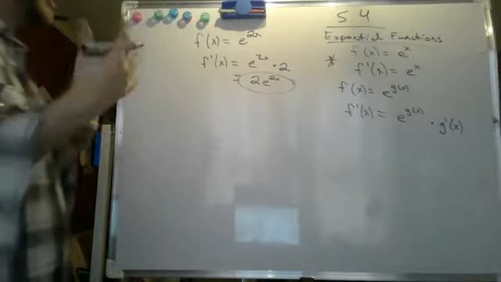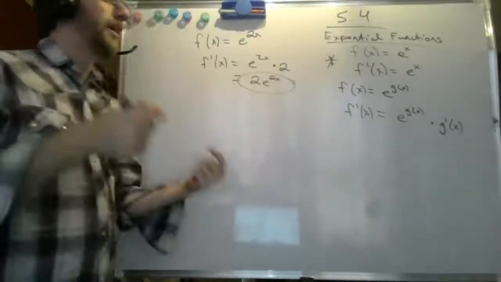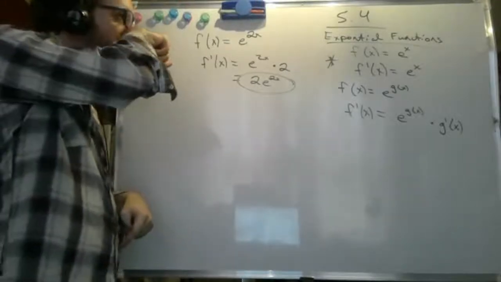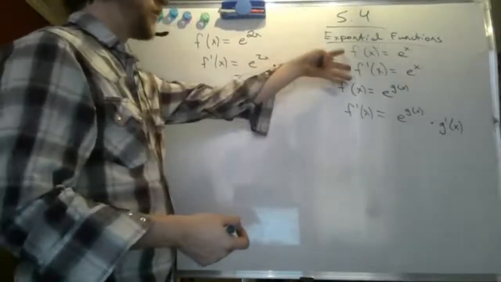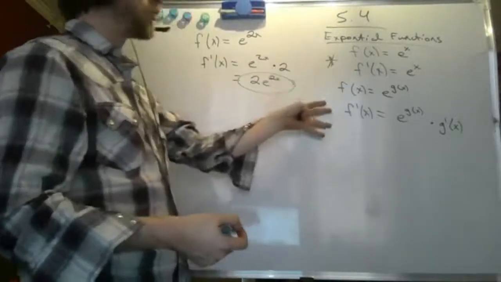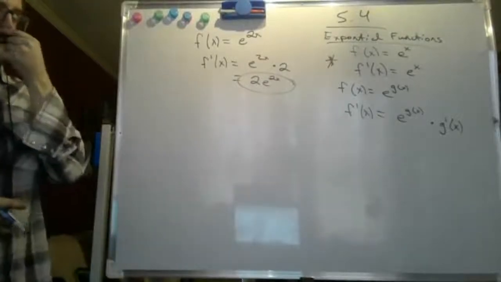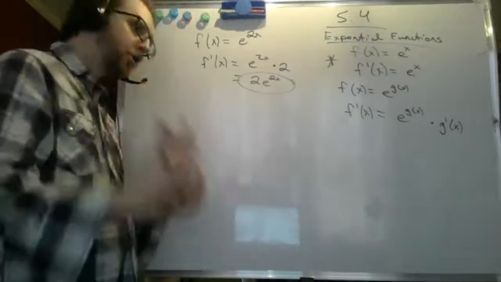So again, just as we saw in 5.3, the rules we use to take derivatives of exponential functions are really quite simple, but we're then going to take these rules that we've just learned, apply old rules we already know, such as the chain rule, and then we'll use them together with everything else, the product rule, quotient rule, and so on and so forth.